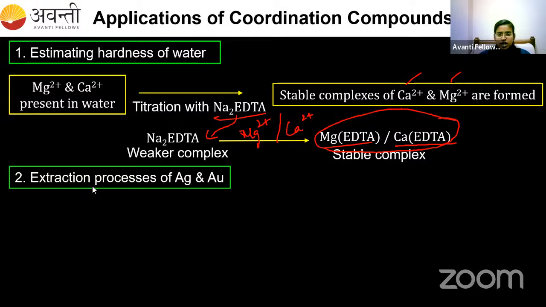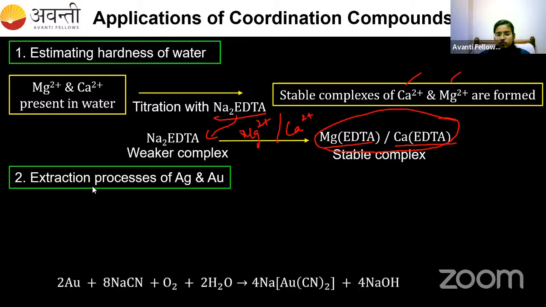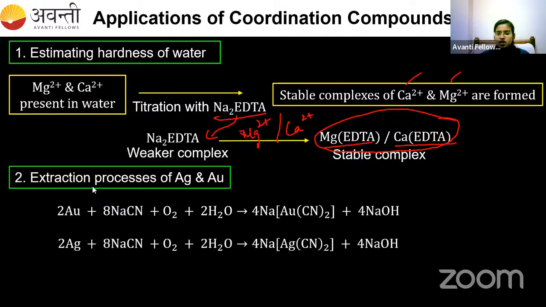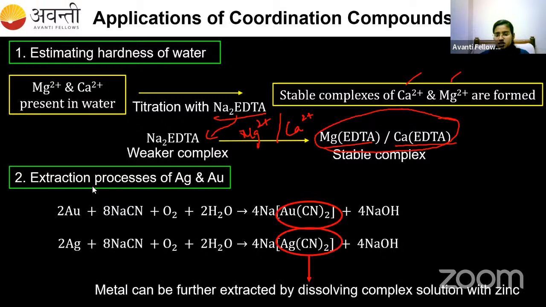In one of the processes, the gold will be treated with sodium cyanide and water, and it will form a sodium gold cyanido complex with NaOH. In the same way, silver will also form a silver cyanide complex. In these two complexes, we have silver and gold.